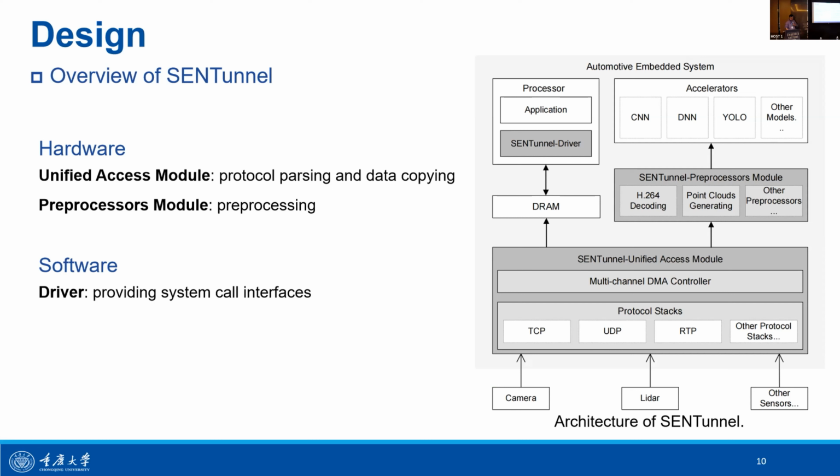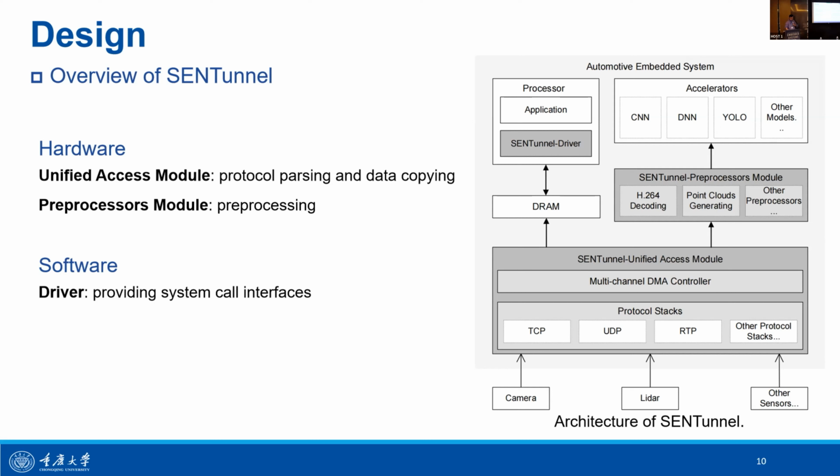We first intend to offload the protocol stacks into hardware, that is, the unified access module, to build the data path to accelerators. We further design the preprocessor module. It's our hardware abstraction for various preprocessing drivers. Sentinel can build a fast path for sensor data access to processors and accelerators based on these two hardware modules.